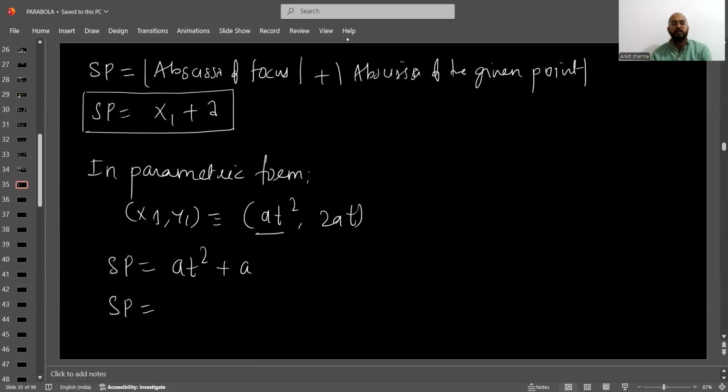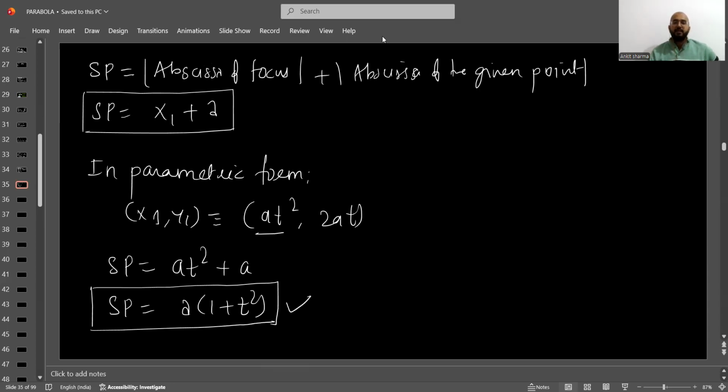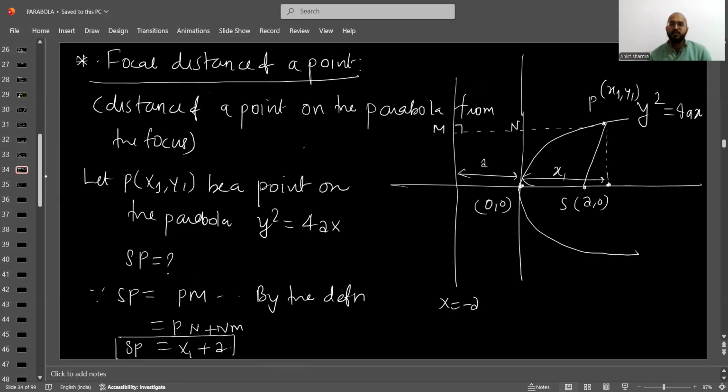So SP is going to be a into 1 plus t square. This is going to be my focal distance of the point. So I just have to find t. The same thing is true even for other parabolas also. The idea should be applied.